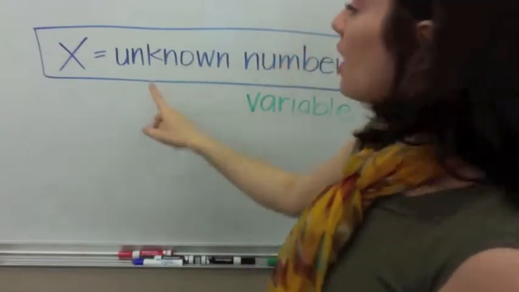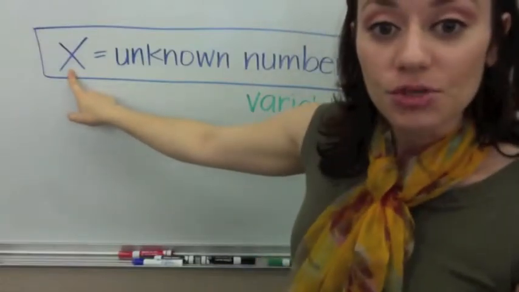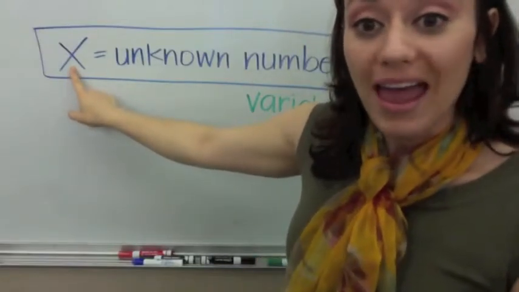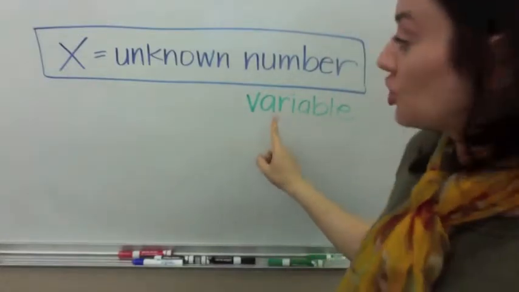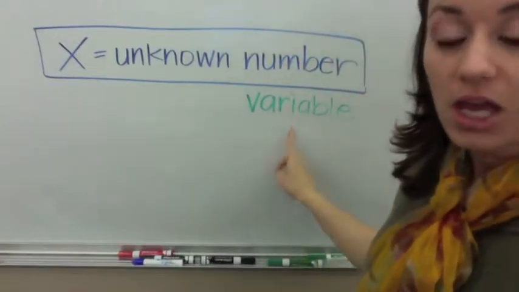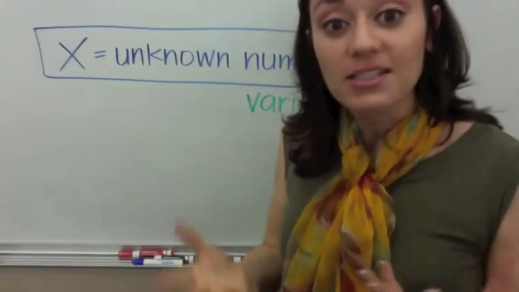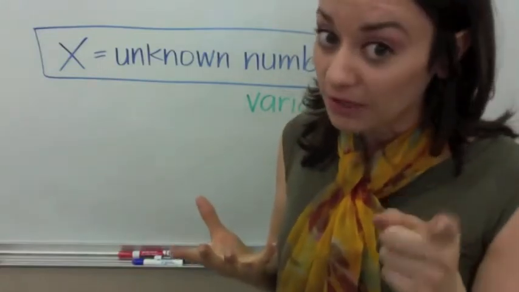And because the number can change, we can also call x a variable, because variable means change. So when you see x, it is asking you for a number that you have to figure out.